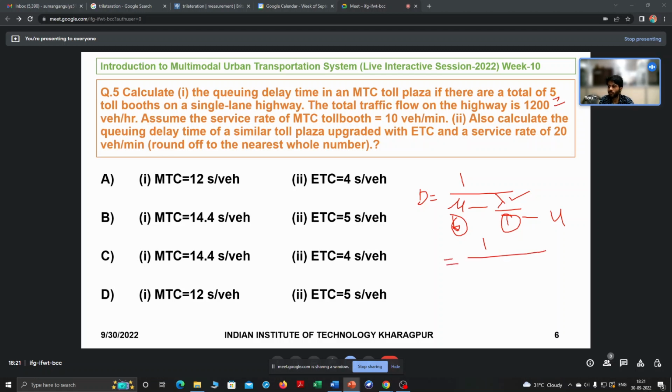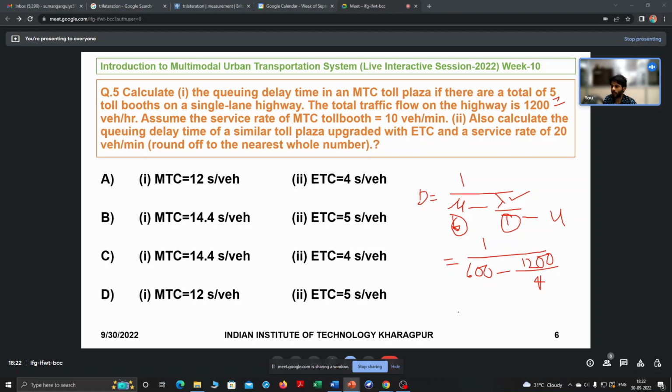If I calculate it for the first case, mu is 10 vehicles per minute. If I convert it to vehicles per hour, then it would be per minute into 60, so 600. Then your lambda is 1200 vehicles per hour. This is the total traffic that is coming, the arrival rate. And your T is 4.